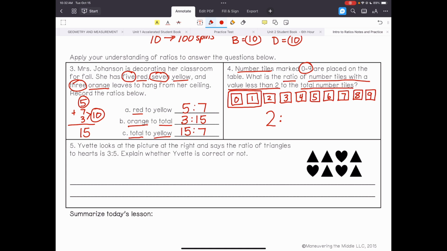And this is where a lot of kids make a mistake because they see the number 9, but it's 0 through 9. So 1, 2, 3, 4, 5, 6, 7, 8, 9, 10. You actually have 10 tiles. So that's why I think it's really important to draw something like this out, because some kids will just look at the numbers that they see and not actually count up what the question is asking. So our ratio is 2 to 10.